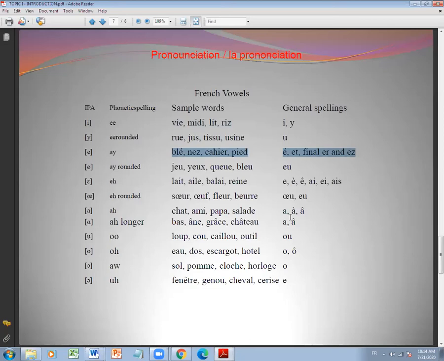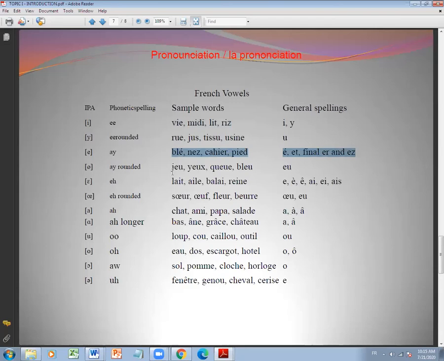Okay. Nez is the nose. The last one in that set. Pied. Pied is the foot. Pied.